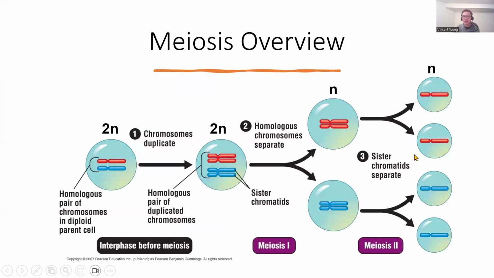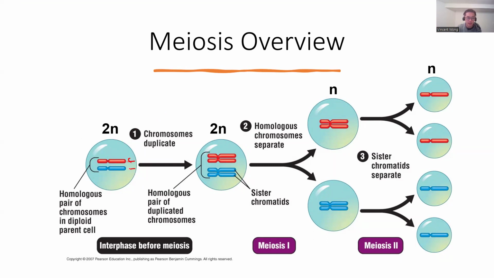So here is the meiosis overview. We started with 2N, and then after meiosis 1, we have 1 division. And then meiosis 2, we have a second division. Now, it's a little bit confusing, but remember how we count the chromosomes. If they're stuck together, we count it as 1. So for simplicity here, we only see 2 chromosomes, 2 sets.